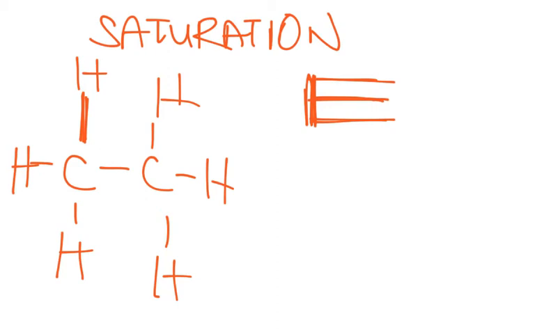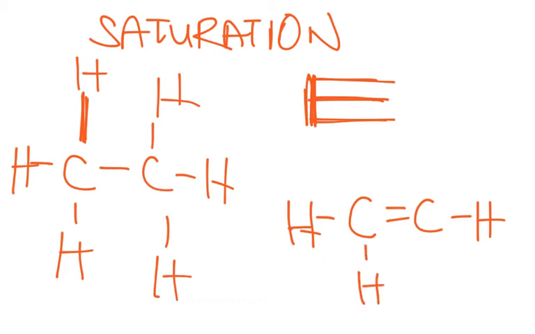An unsaturated molecule usually has a double bond. So if I put a double bond between these carbons, all of a sudden I can't hold as many hydrogens as I did before. So if I add a double bond, now I'm pretty limited with my hydrogens. What that does shape-wise is put a kink in the molecule. So this is what we had talked about as unsaturated fats.